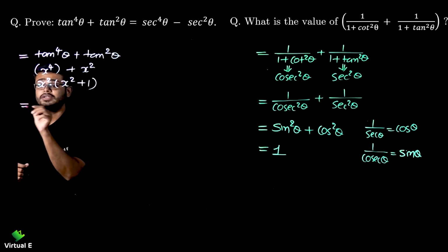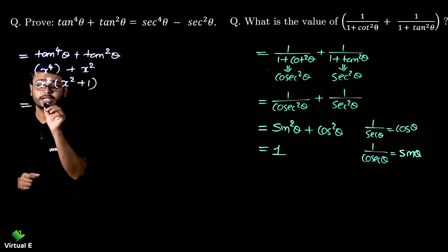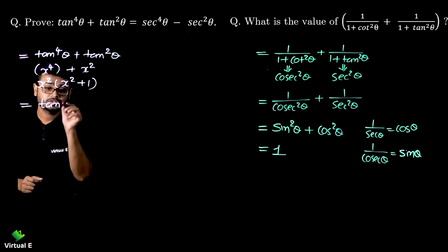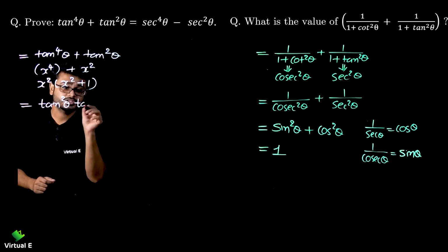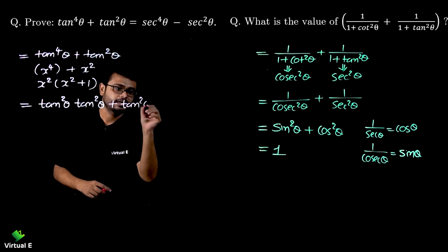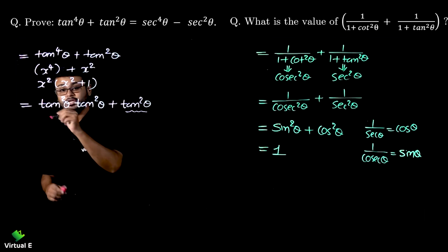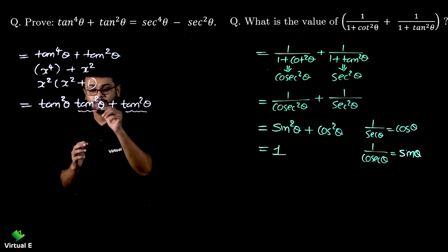I'm going to take tan square theta common. Now see, tan raised to 4 theta I can write like that: tan square theta into tan square theta, plus tan square theta. Now you can see that tan square theta is present over here and here as well. So I can take it common, right?